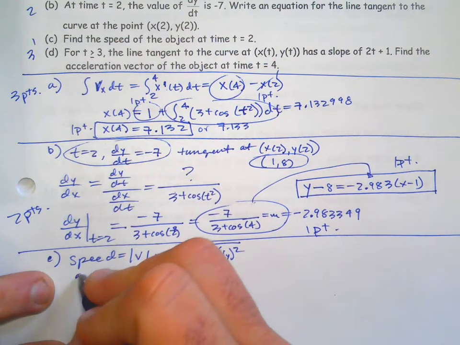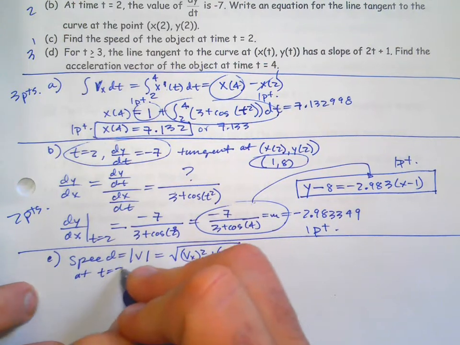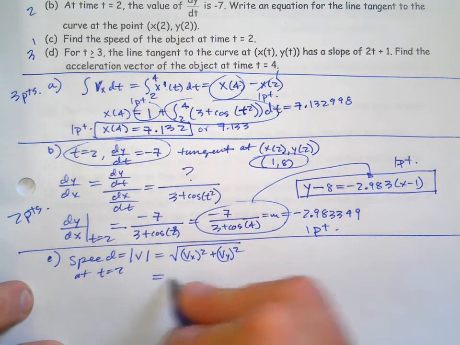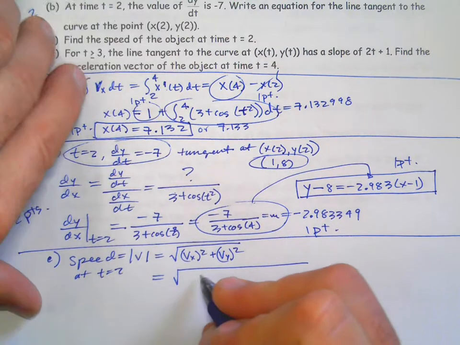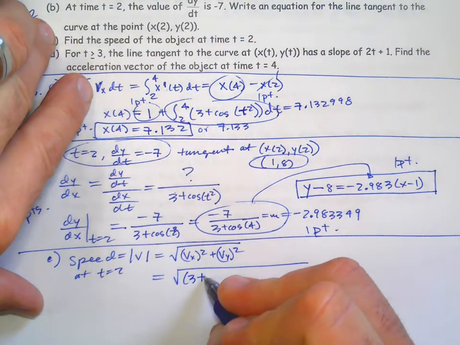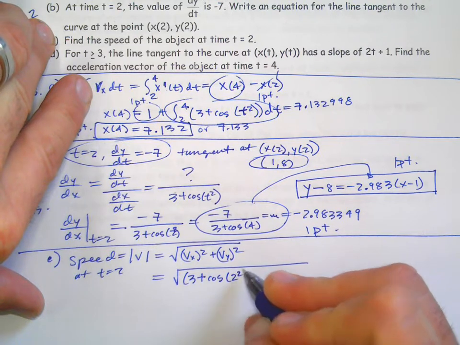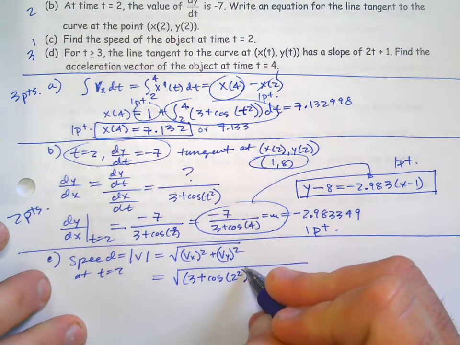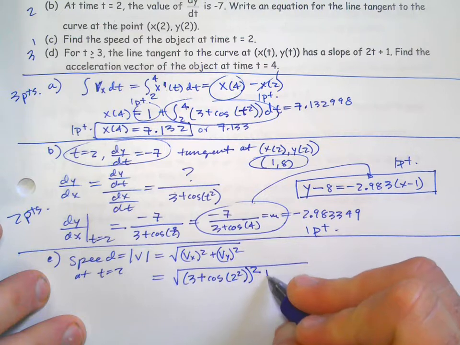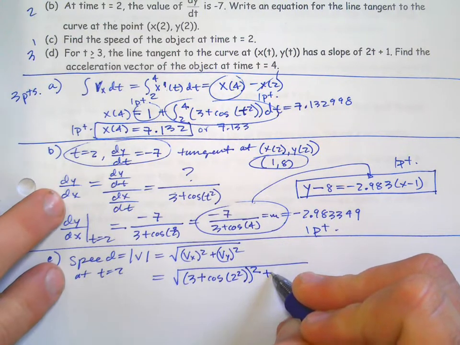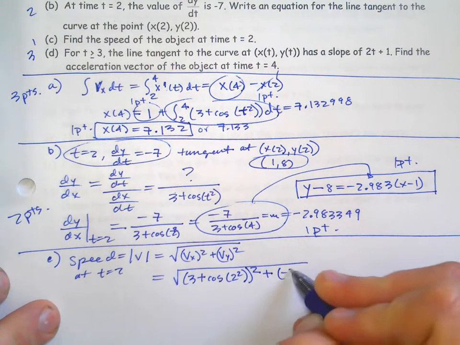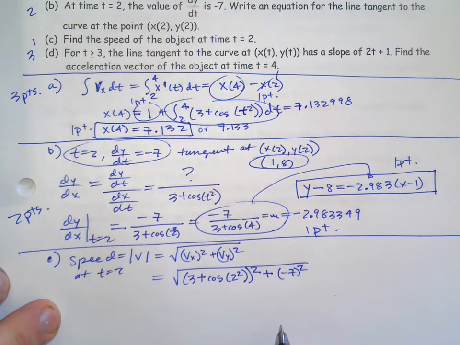At t equals 2, well, we have these expressions: 3 plus cosine of 2 squared, plus Vy. That's what they actually told us on the last problem, was -7. So we just plug that in.